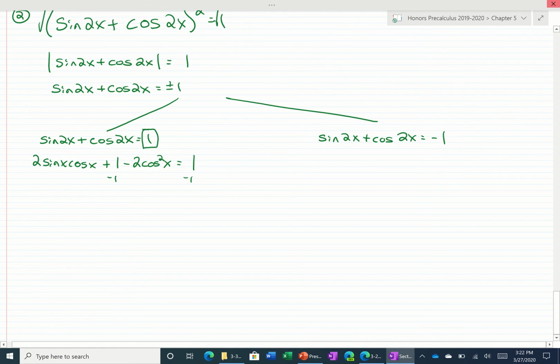If you try to use the sine formula, what was it? Yeah, I'm using the wrong formulas here.